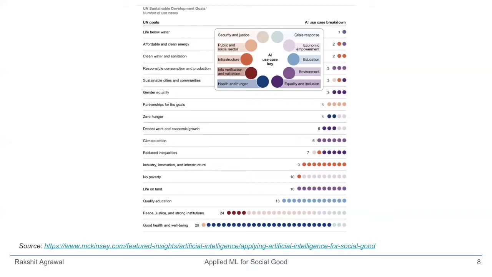But overall, there is a good mapping that can be generated, which means that the important targets identified at the global level, which are targets to improve the state of the world completely by 2030, have AI use cases that we can map to. So that gives us a good leading direction when we are talking about AI and social good. It gives us a good space, the void where we can try to bring in solutions.